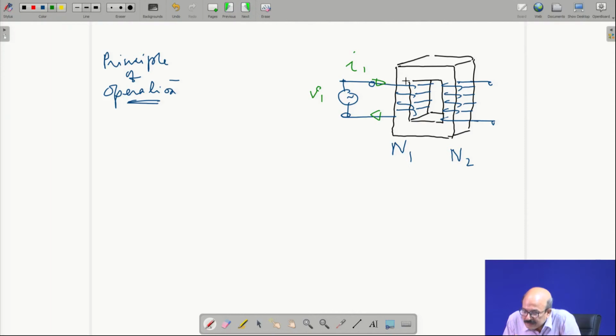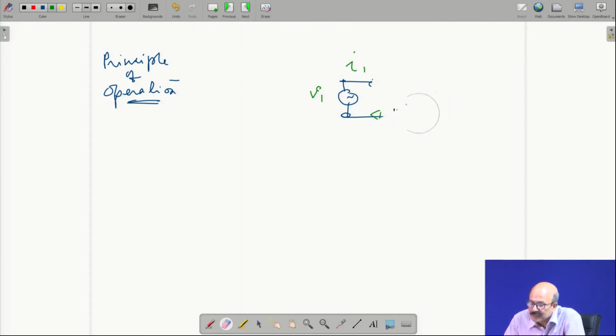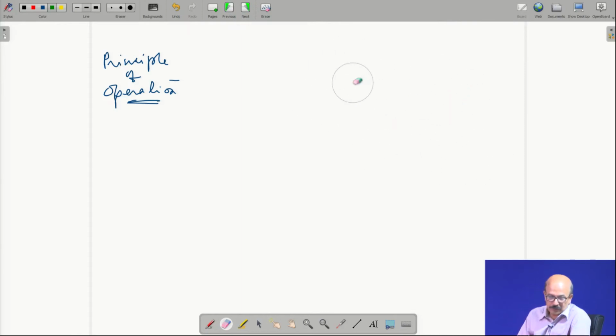And then clearly you can see that if the current is flowing all the way like that, then flux will be produced. And now what we will assume, just for convenience, is a simple two-dimensional structure, and that is always done. So for the core, it is convenient.